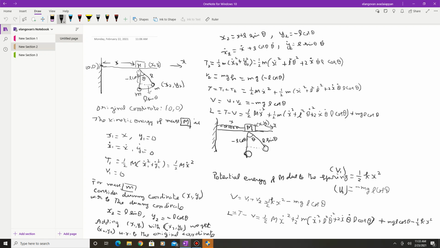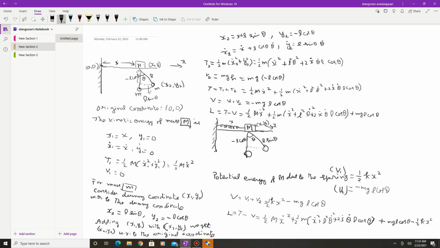Consider a simple pendulum attached to a block of mass capital M, moving horizontally on a smooth plane. Here you see a block of mass M, and the coordinate of the block is x1, y1.